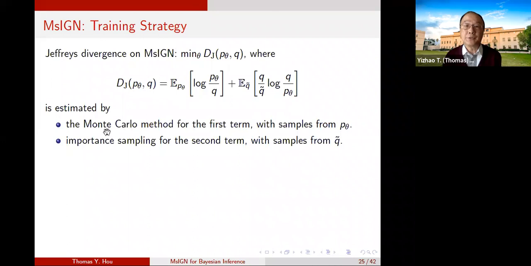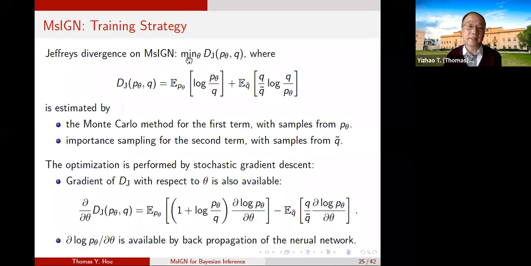As I mentioned, the first one is easy to do because we already have samples. The second one we just do importance sampling. When we train a neural network, we use stochastic gradient descent, which involves the derivative of this discrepancy. The derivative is also known, so you can take the differential with respect to the parameter.